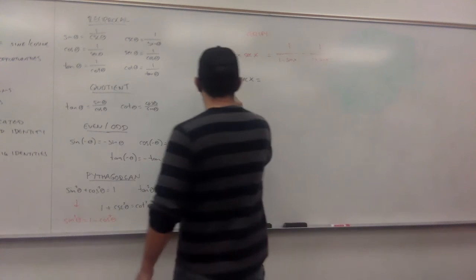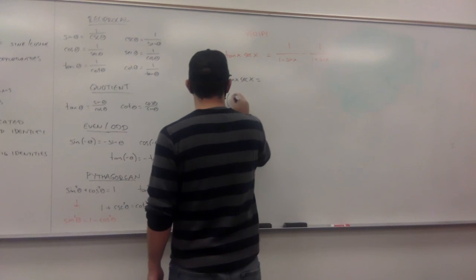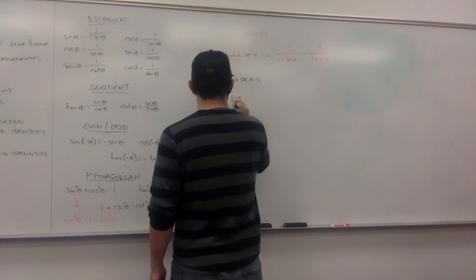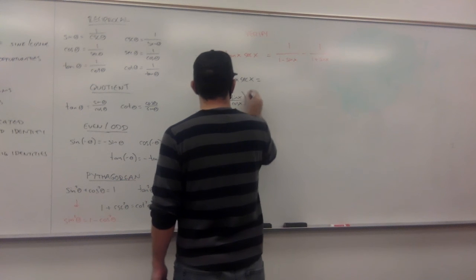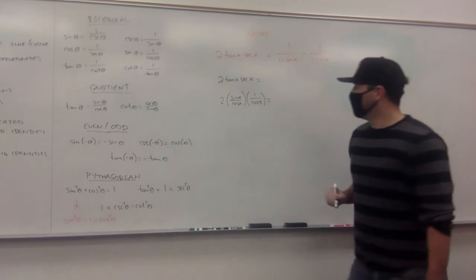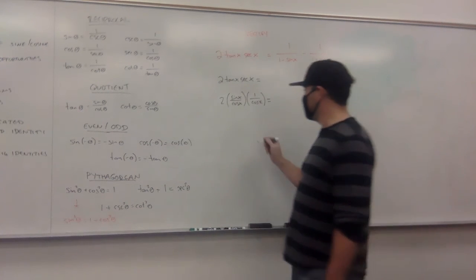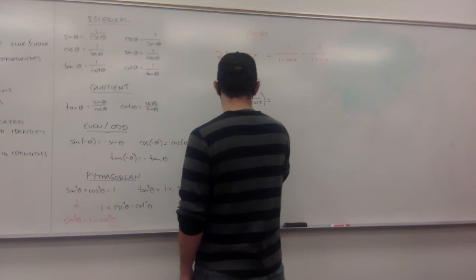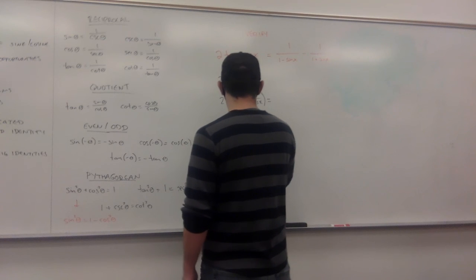So tangent x is sine x over cosine x, and secant x is 1 over cosine x. If I complete the multiplication there, I end up with 2 times sine x divided by cosine squared x.